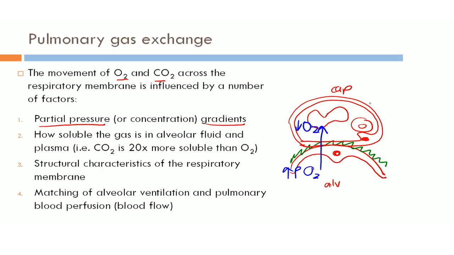But if we've got a high partial pressure of carbon dioxide in the capillaries and a low partial pressure of carbon dioxide in the alveolus, carbon dioxide will diffuse out. But that's not the only thing that determines how much gas is going to diffuse. The other thing that determines how it will diffuse is how soluble the gas is in the alveolar fluid and then in plasma.